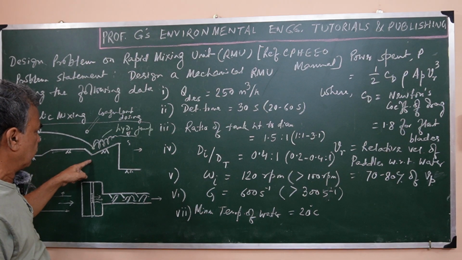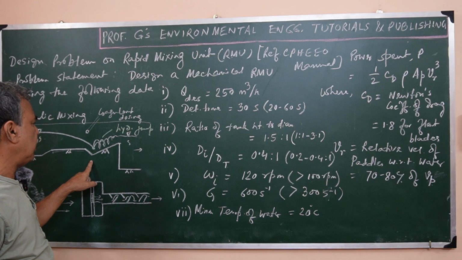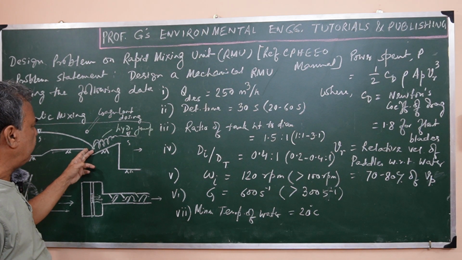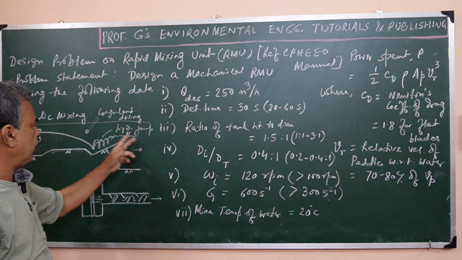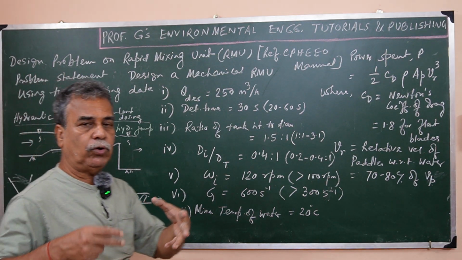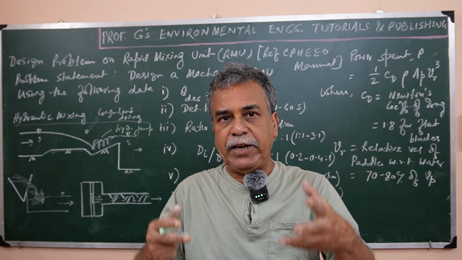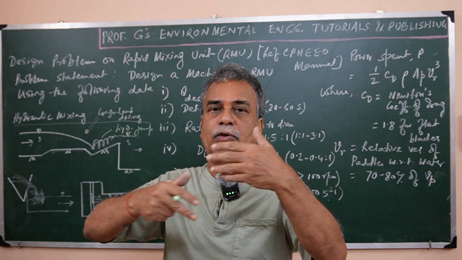I am not explaining all this because it is basic hydraulics, and the hydraulic jump is included in basic hydraulics. So when the total energy is dissipated in that way, there will be a hydraulic jump, creating a motion of the water here, that means stirring and turbulence of the water.